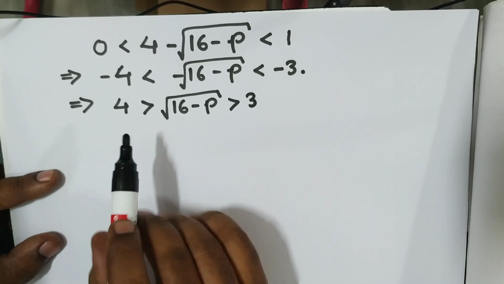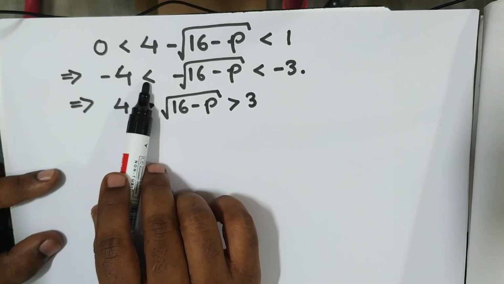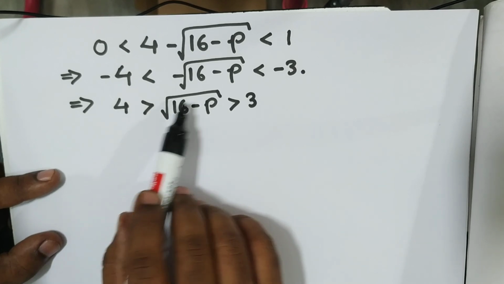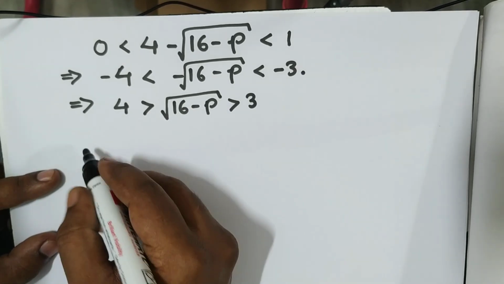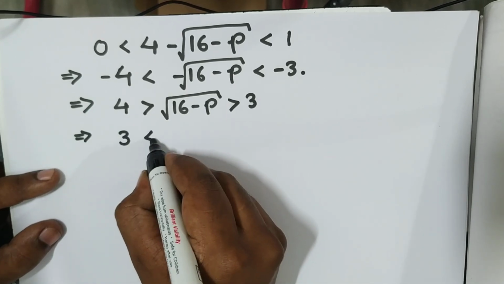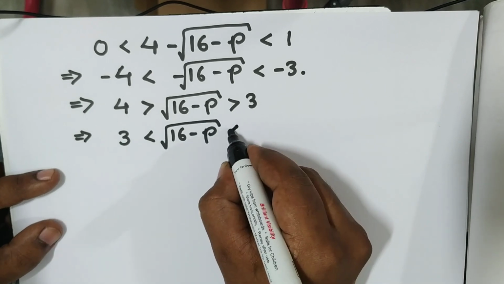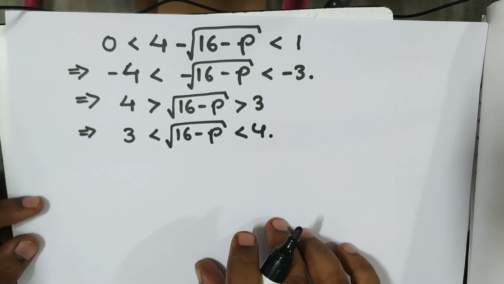Otherwise we can write it like this: 3 less than square root of 16 minus p less than 4.